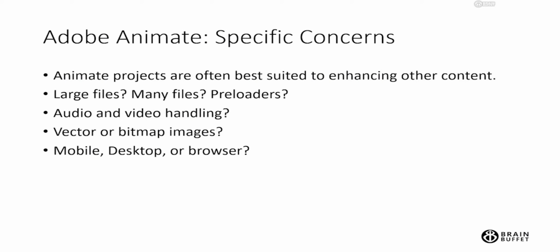Are your image assets best suited to vector or bitmap? If you're using a lot of photographic content, you're going to be using bitmaps. If you're using lots of stylized stuff, things from Illustrator, logos, things like that, that's probably best suited to vector. Lastly, what is your target platform? Are you dealing with mobile, desktop, browser, or a combination of these?